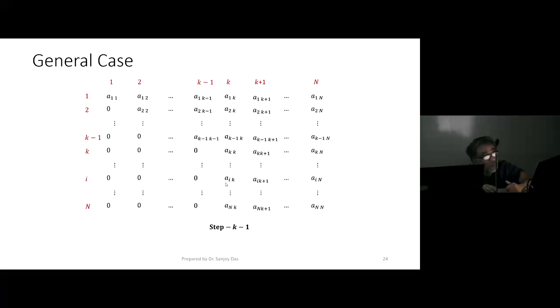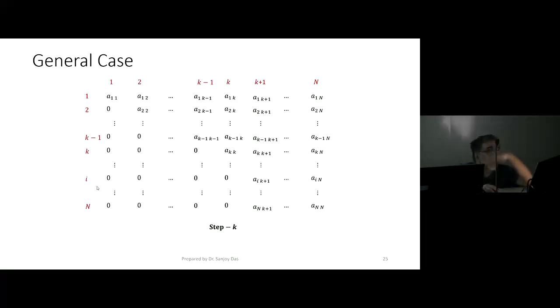So we are going to only change, using only these elements from the kth column onwards. I'm going to subtract only this part of row k from all these rows i. Okay, so only from column k. I don't have to waste more computer time trying to subtract zeros from zeros.